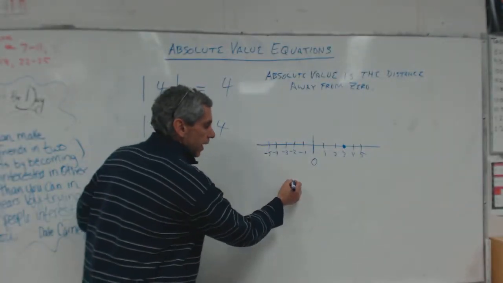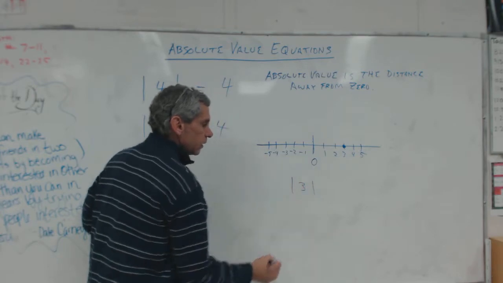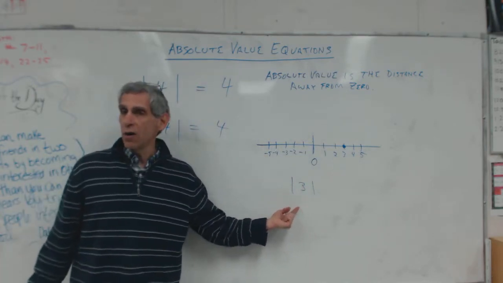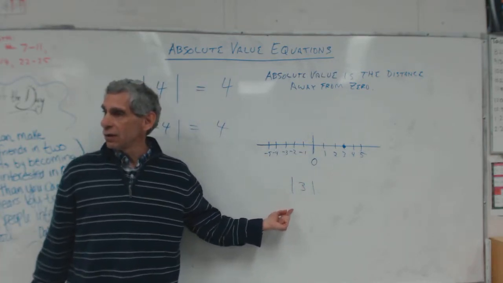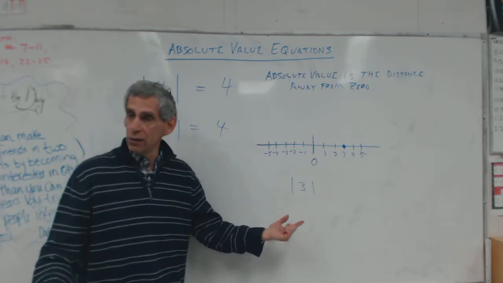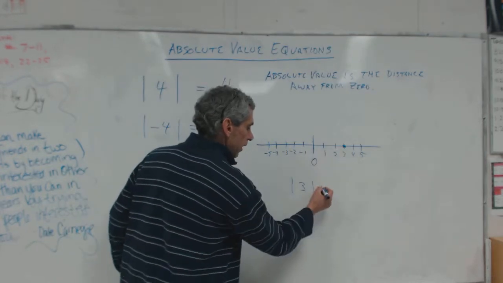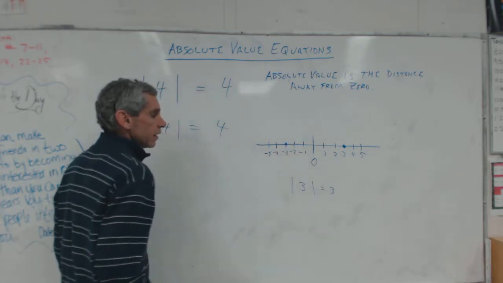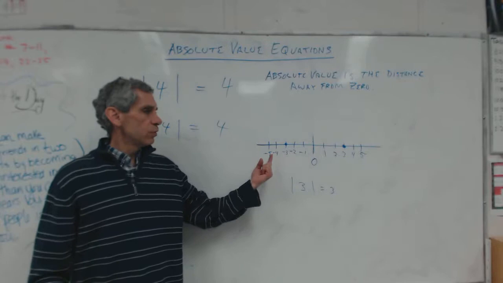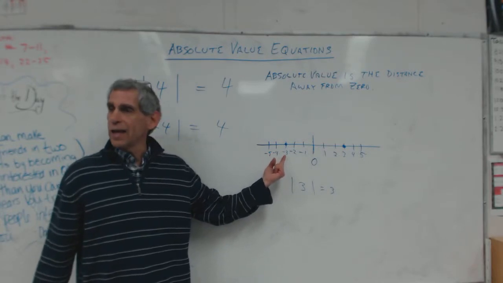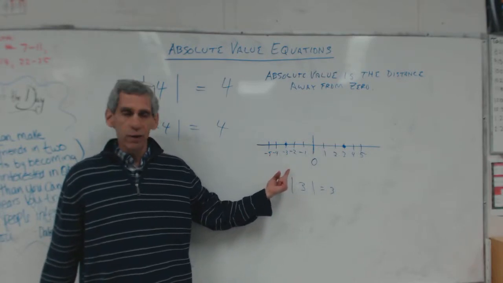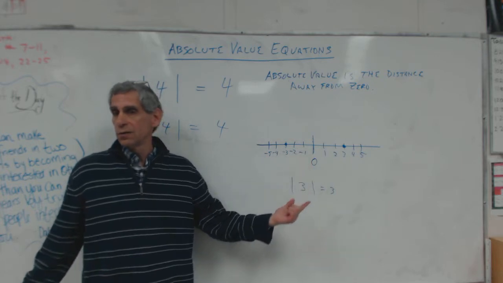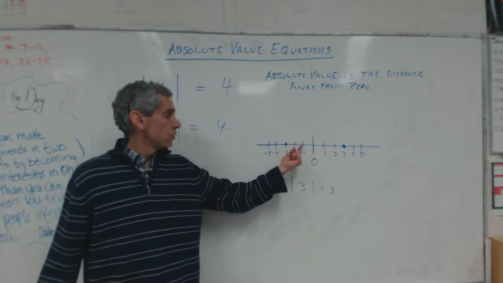What is the absolute value of 3? In other words, how far away from 0 is 3? 3. It's 3 units, right? 1, 2, 3. Okay, that's 3. Now, if I had -3, and I said, what's the absolute value of -3? In other words, how far is -3 away from 0? 3. It's 3 units. 1, 2, 3.